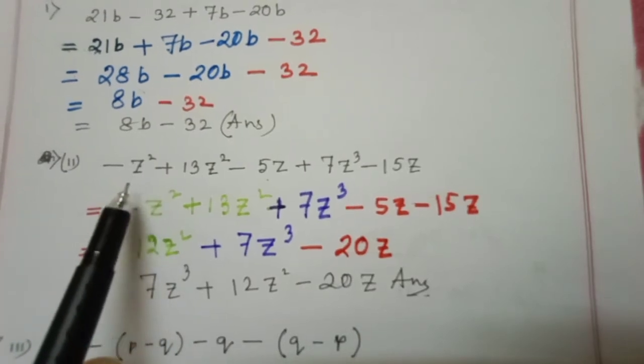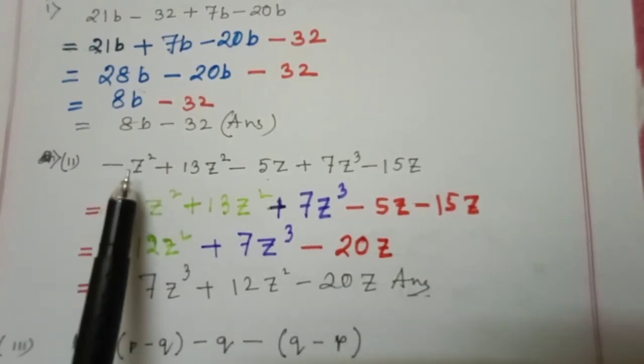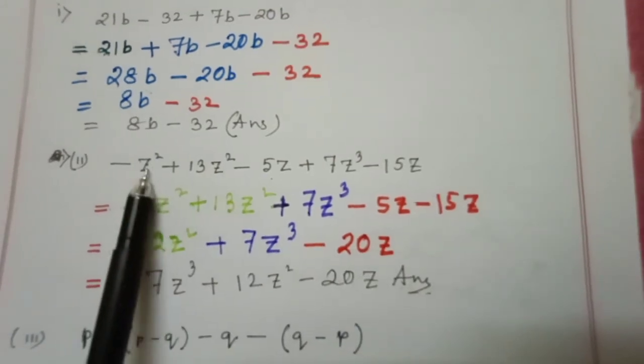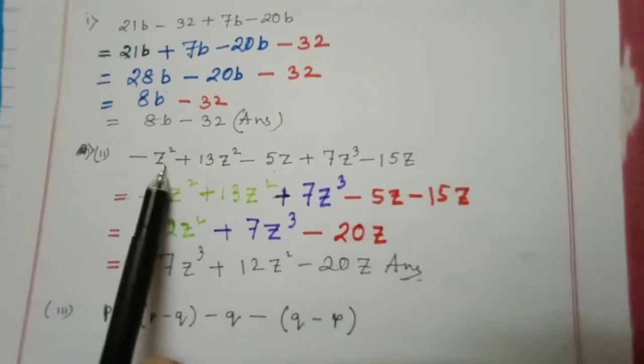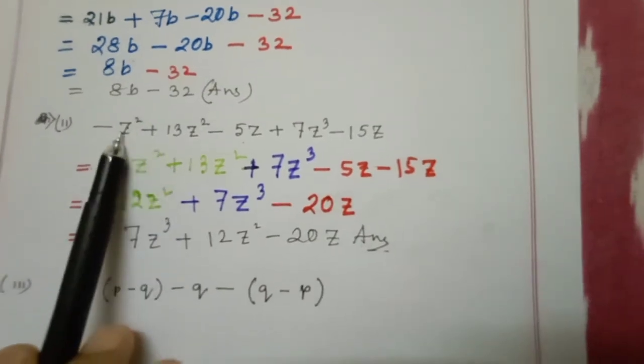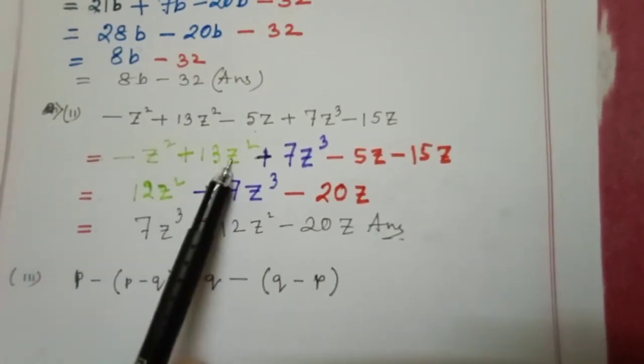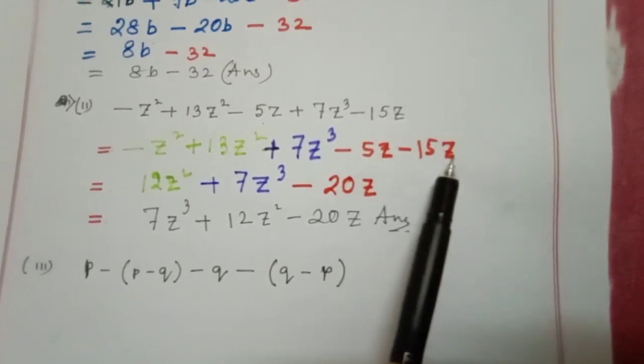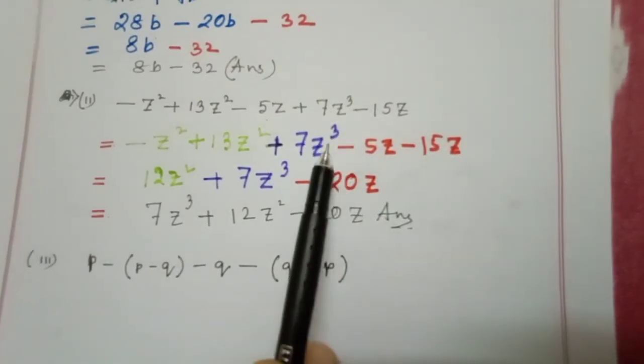When you are arranging the like terms, you have to concentrate on the variable as well as their power. You can see that minus z square and 13z square are power 2. Minus 5z and minus 15z are only power 1. And 7z cube is power 3.